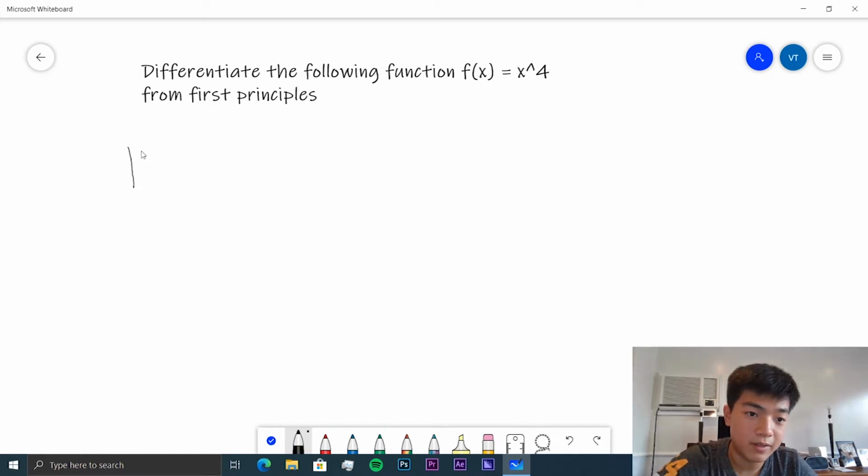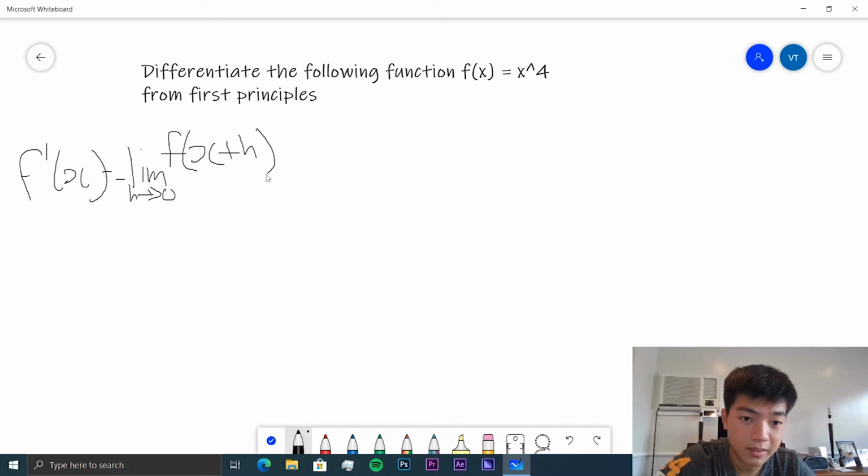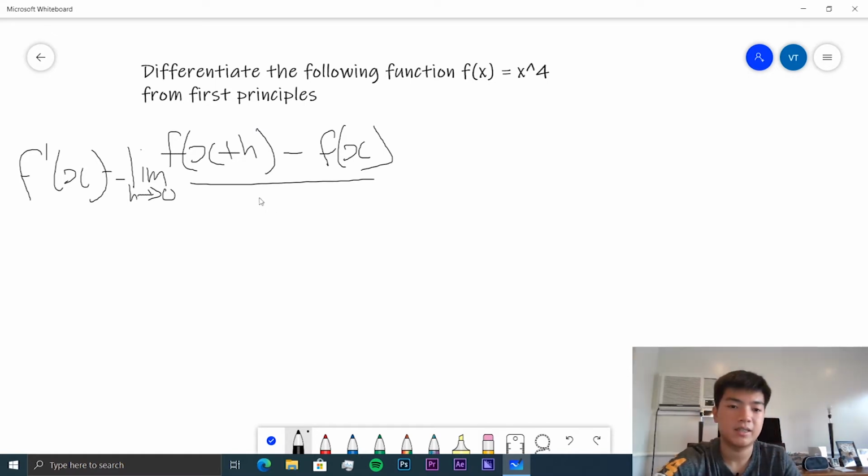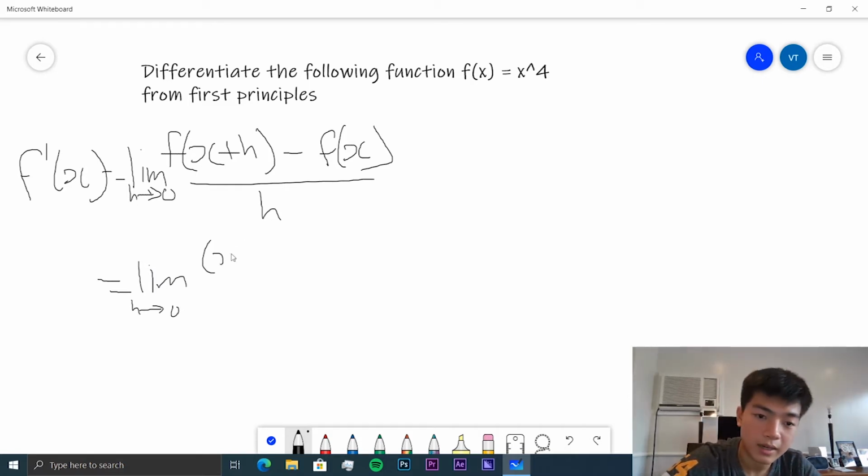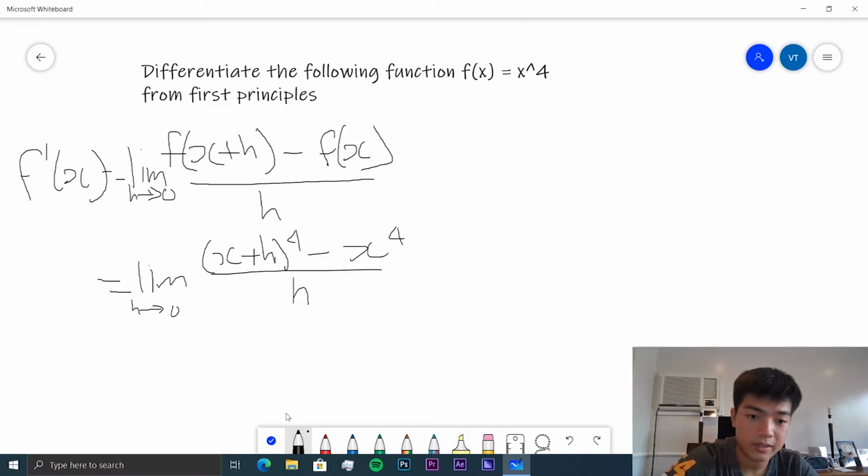So we have the derivative is equal to the limit as h tends to 0 of f of x plus h minus f of x over h. So this is equal to the limit as h tends to 0 of x plus h to the 4 minus x to the 4 divided by h.